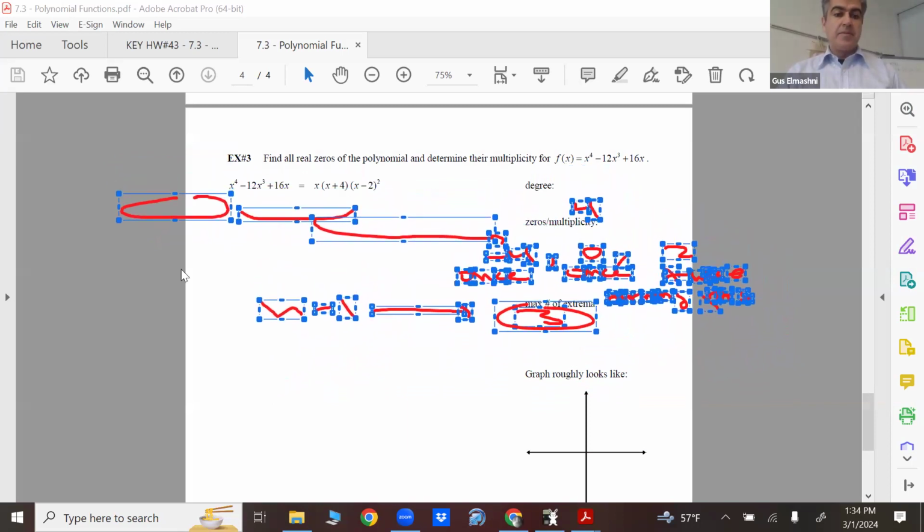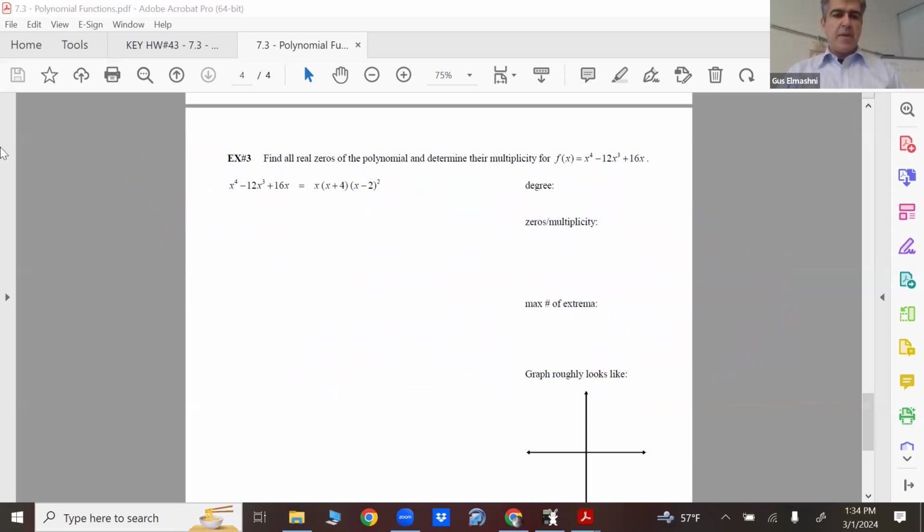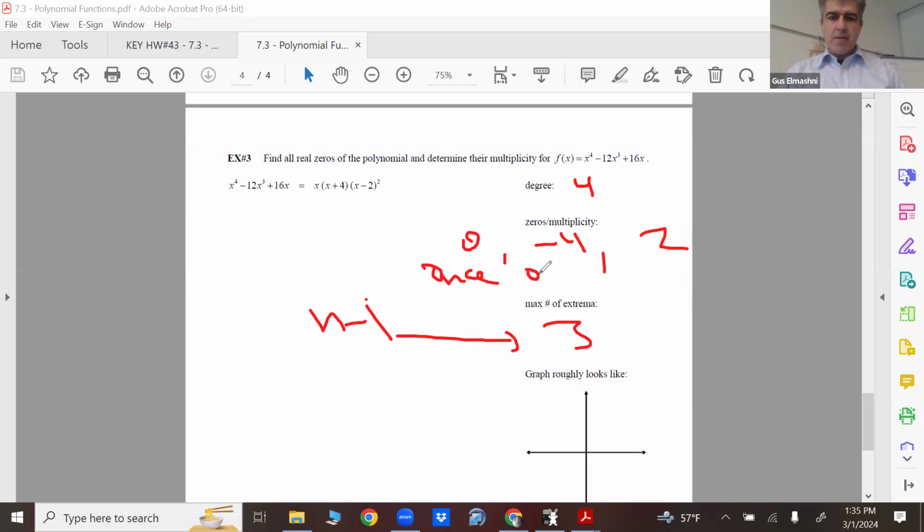From n. Yeah. Hold on, let me write this again. It's 4, 0, -4, 2, 3. And that's once. Okay, so the graph will look like this.